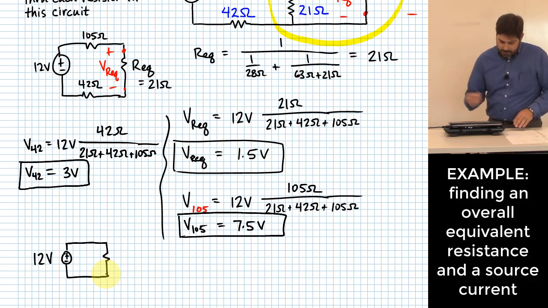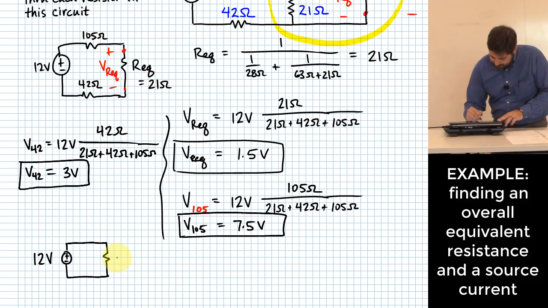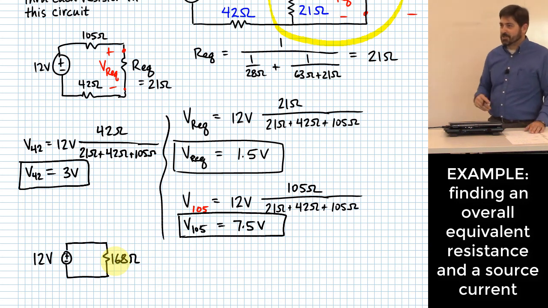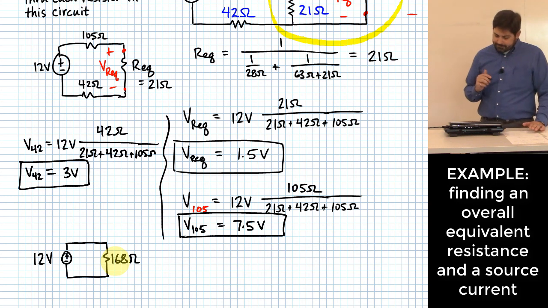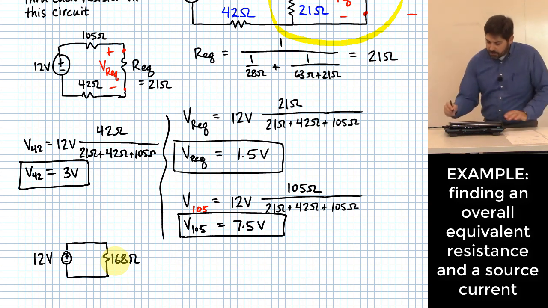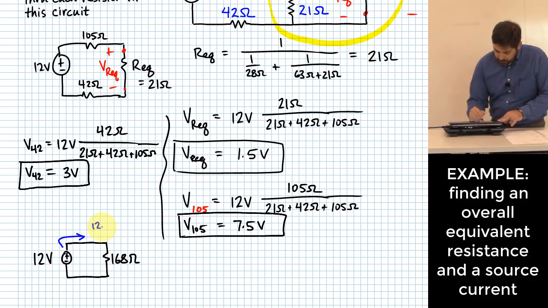And so, is that what it is, 68? I believe you. 168. I shouldn't have believed you. No, I'm kidding. I just should listen better. Okay, 168 ohms. And what would the current be in that scenario? 12 volts divided by 168 ohms. And what would that be?